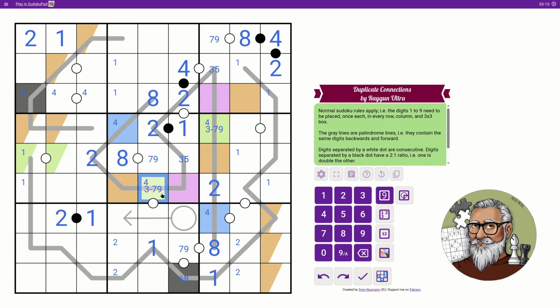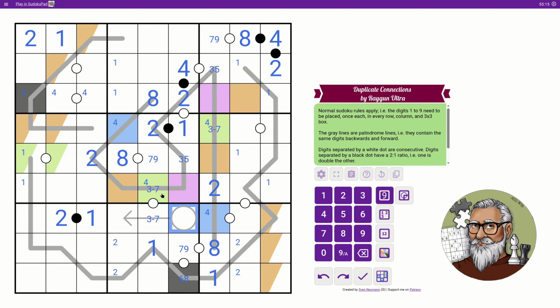But we can't have 9 because this would be 8. 8 would need a 9 here and a 1, and that doesn't work. So that's not 9. Okay. So this one is from 3, 4, 5, 6, 7 as well, isn't it? 3, 4, 5, 6, 7.